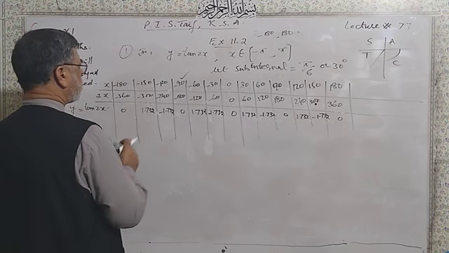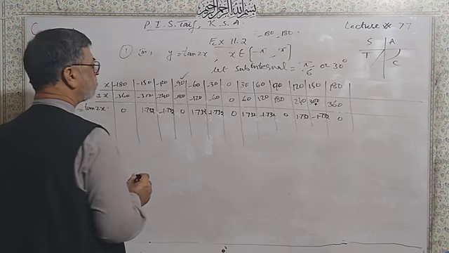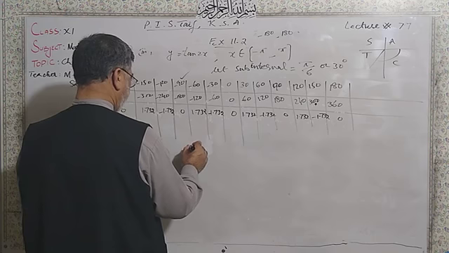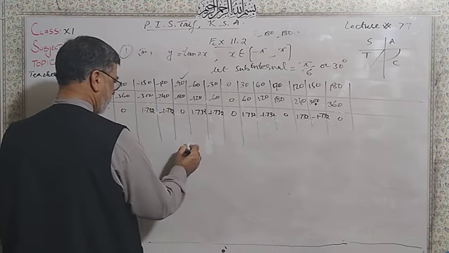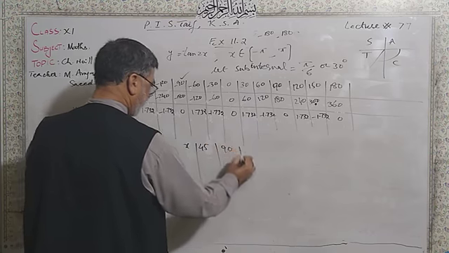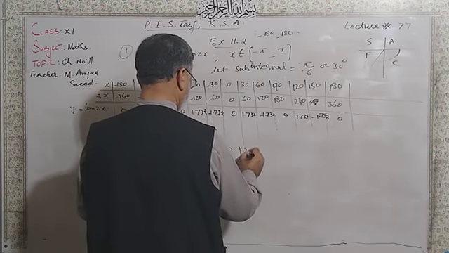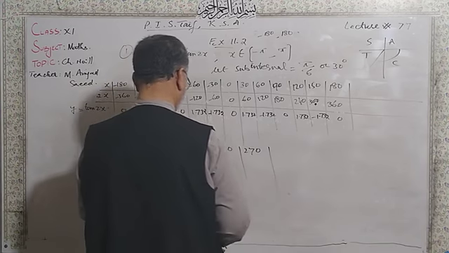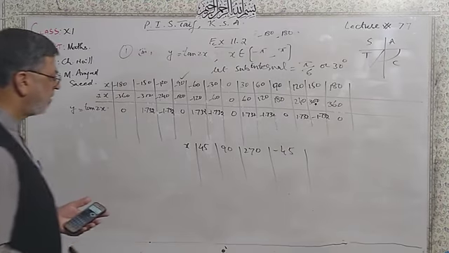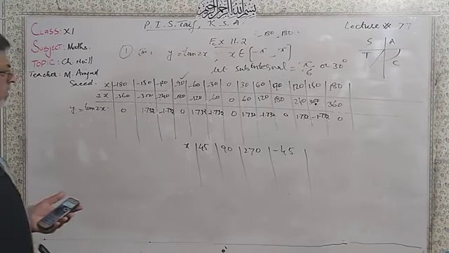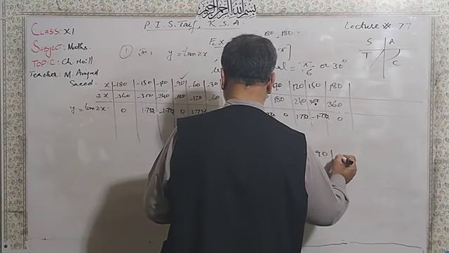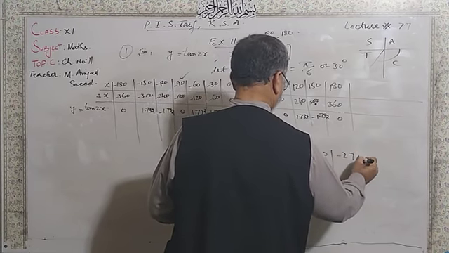Tangent 90 is actually... There are special x values: 45, 90, 270, minus 45, and here will be minus 90 and minus 270.